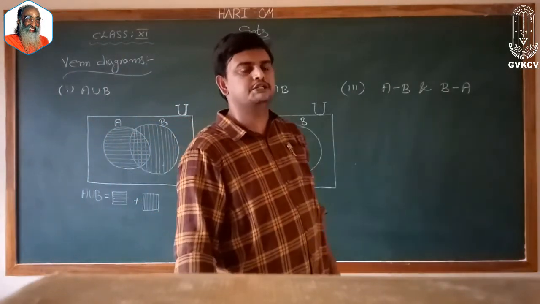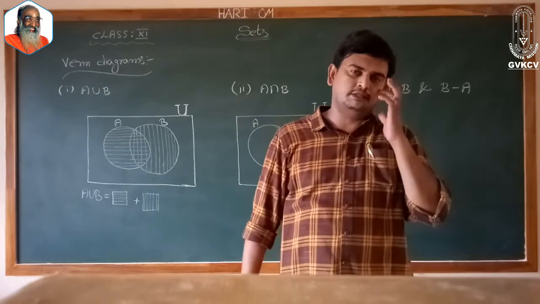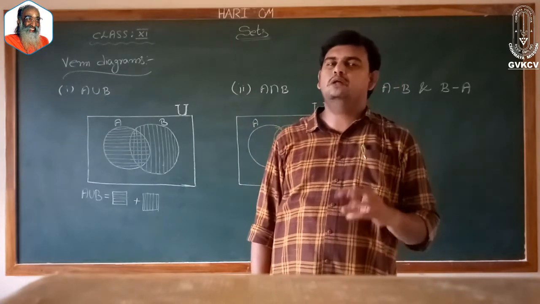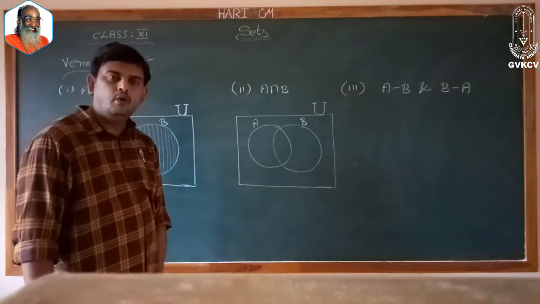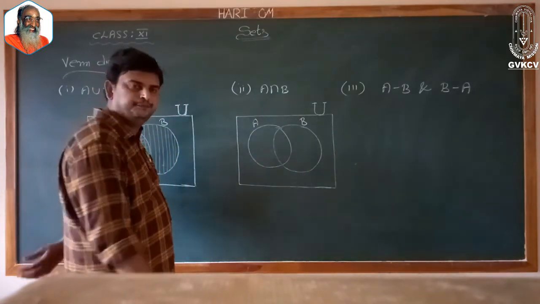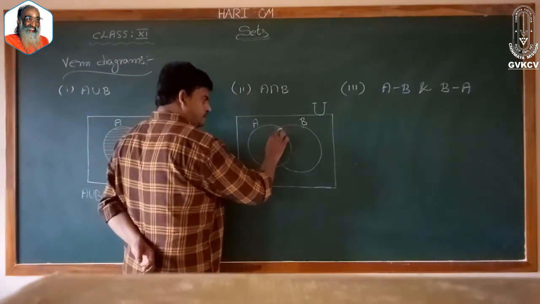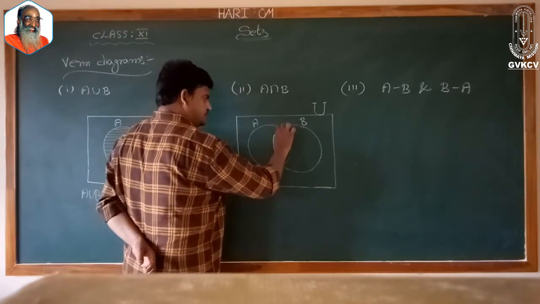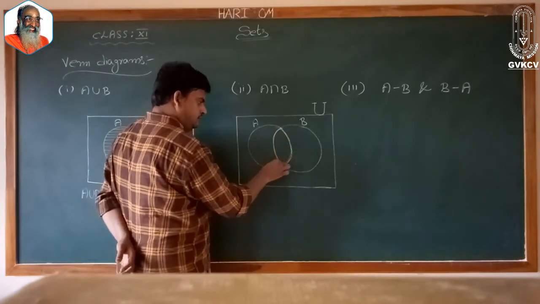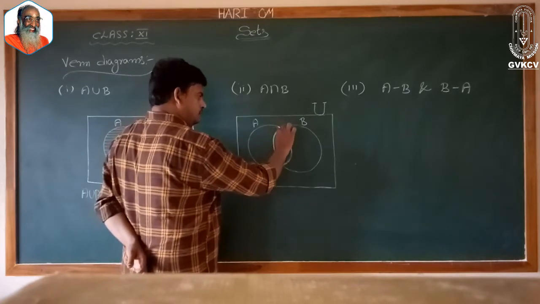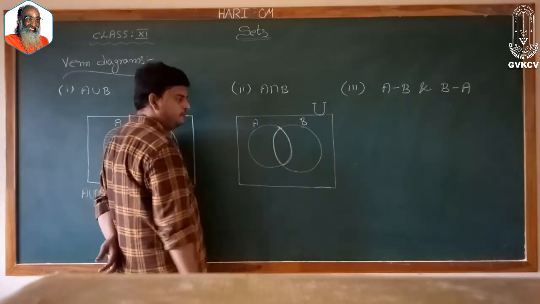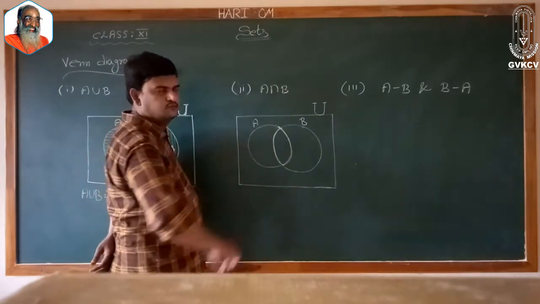What I told you, intersection means common elements, so we need to collect only the common part. When you observe this diagram, this is the portion which belongs to both set A and set B. This is the place we want.